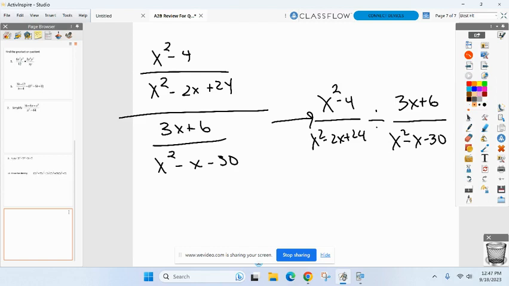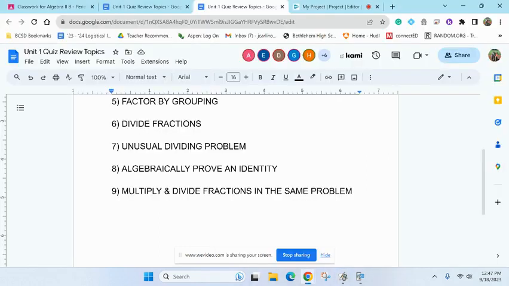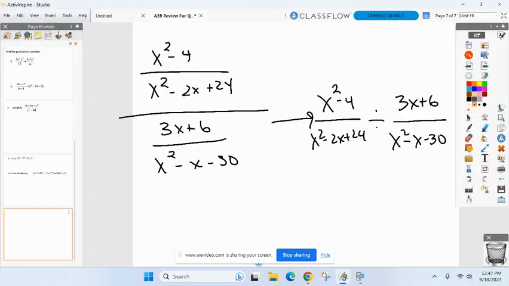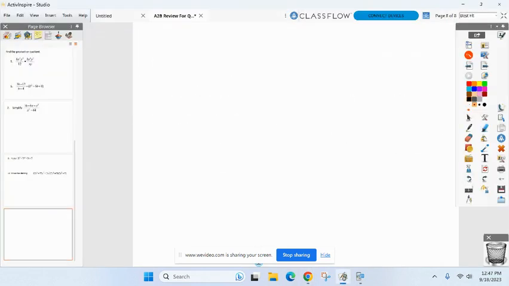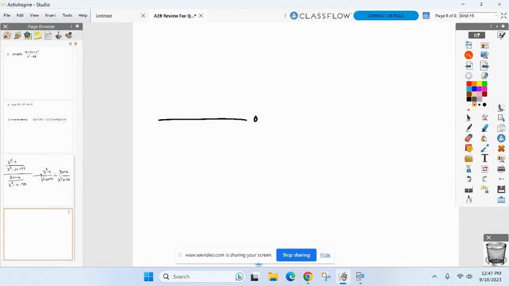While I'm on this topic, I put this here: multiply and divide fractions in the same problem. So if I have, let me go to the sheet here, that's what I'm talking about. The only thing that gets flipped is the one right after the division.